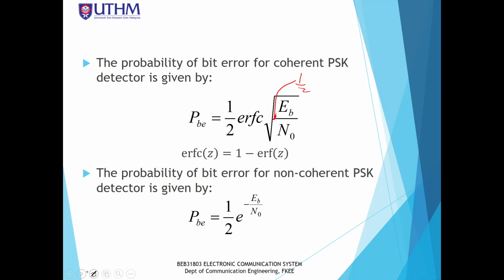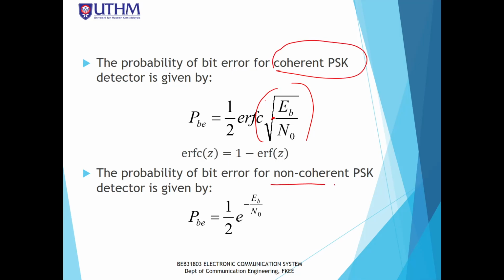Now in PSK, there's no 1 over 2. Tidak ada 0.5 di sini at this point. So it is square root of Eb over N0. This is for the coherent PSK.